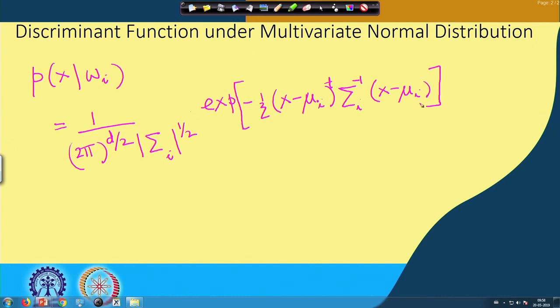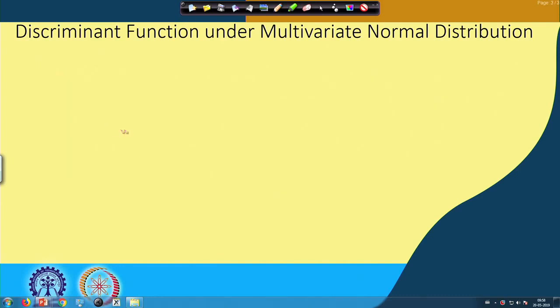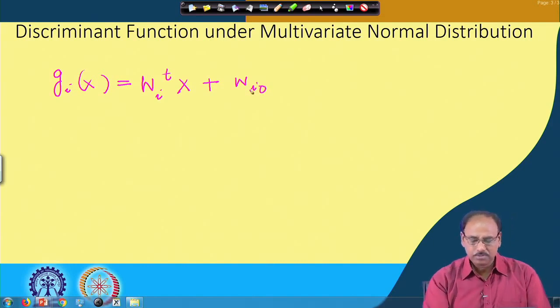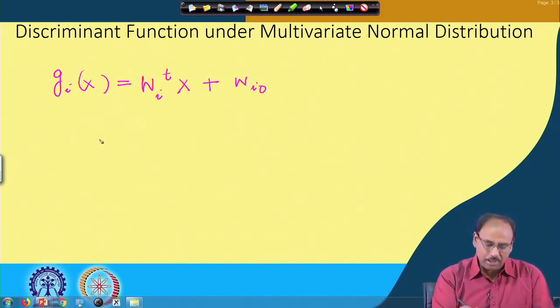Using this, in our previous class we found the discriminant function for the ith class, which was obtained as g I x, that is the discriminant function for the ith class, equal to w I transpose x plus w I naught. What is this w I?